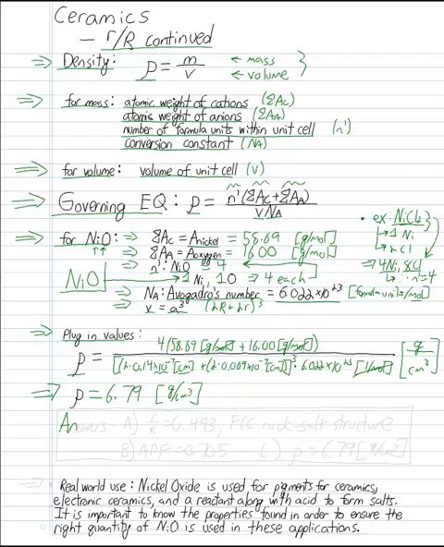Our answers for the example problem are thus: A, our little r to big R ratio is equal to 0.493. Our crystal structure is an FCC rock salt structure.